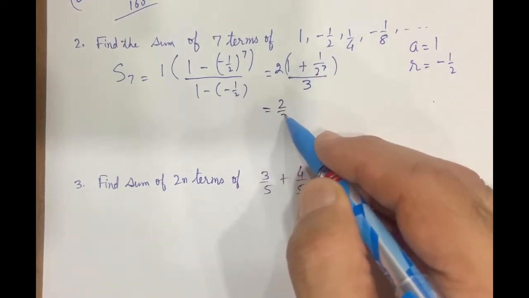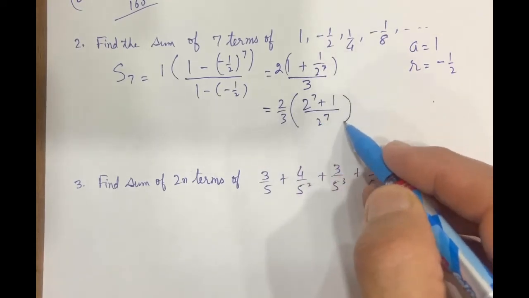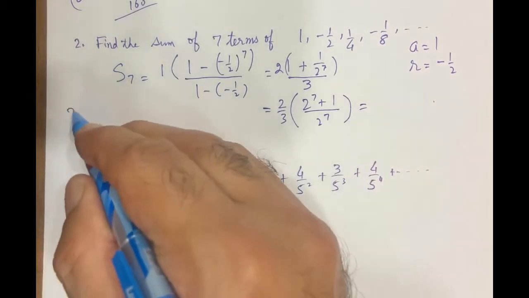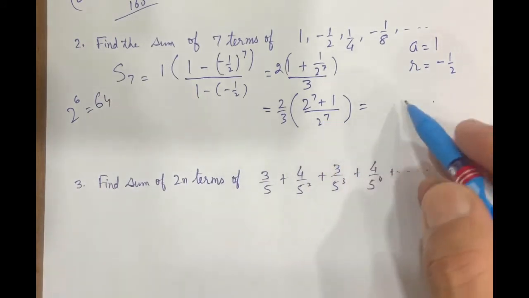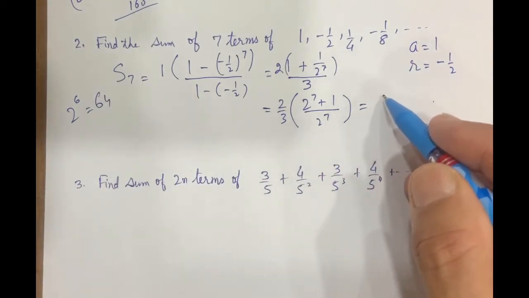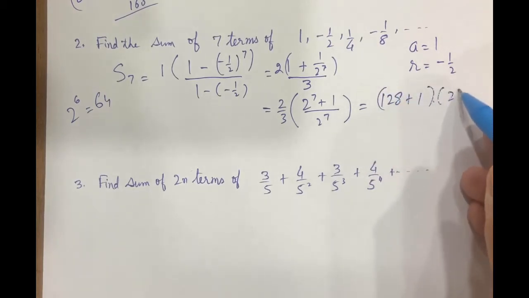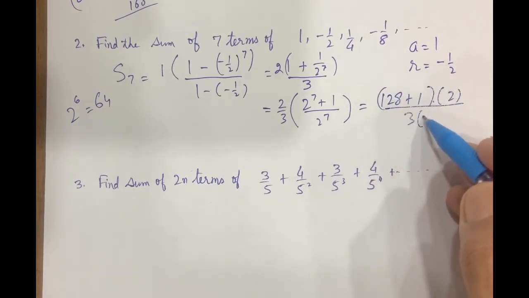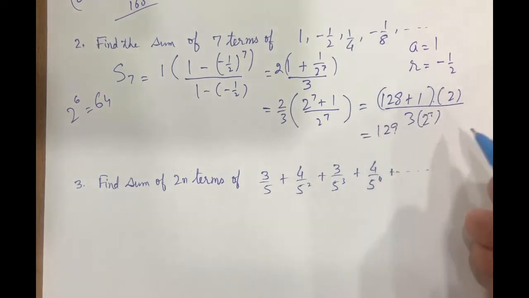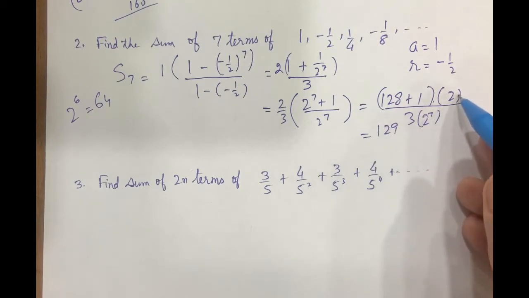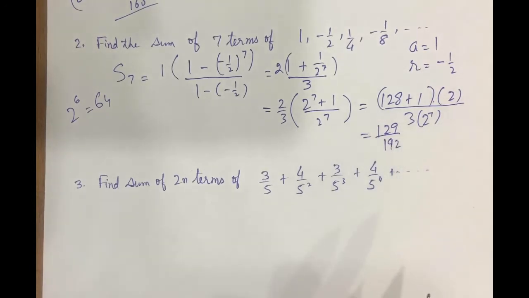So this is 2 by 3, 2 raised to 7 plus 1 upon 2 raised to 7. And what is 2 raised to 6? This is 64. 2 raised to 7 is 128 plus 1, into 2 by 3, upon 2 raised to 7. So this is 129. This will be 2 raised to 6, which is 64, into 3, is 192. So this is the answer.